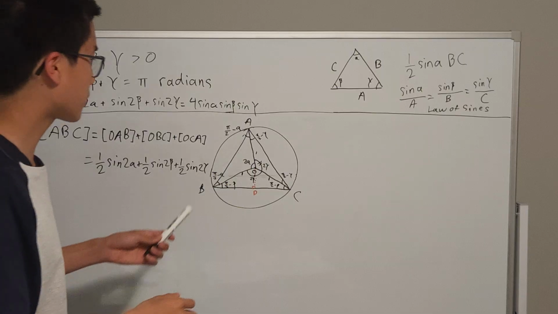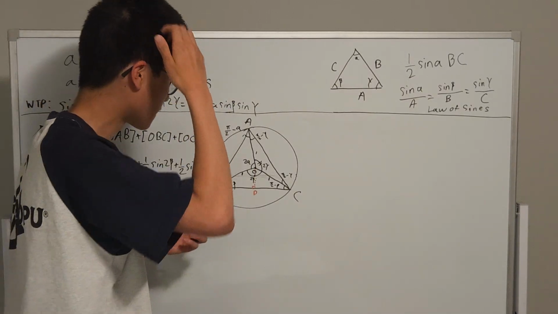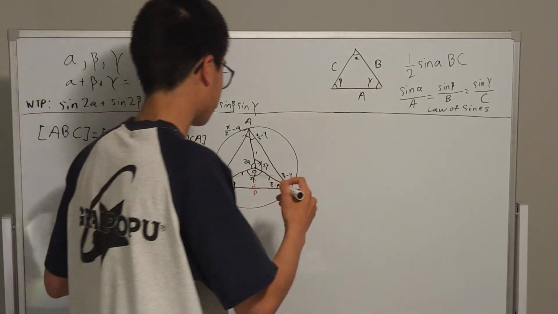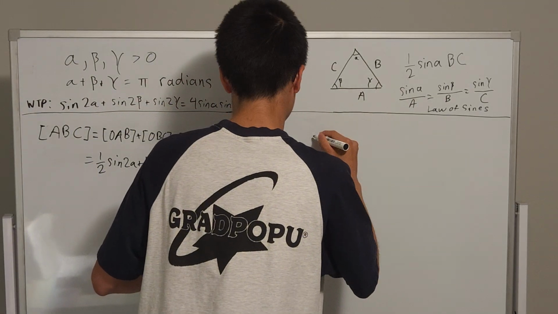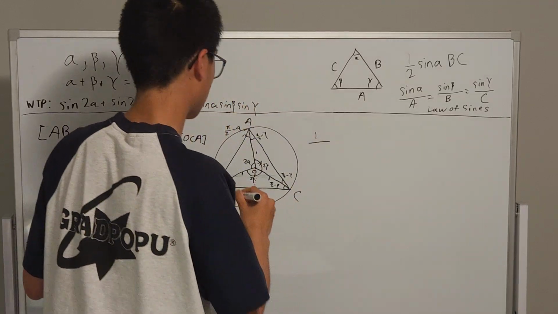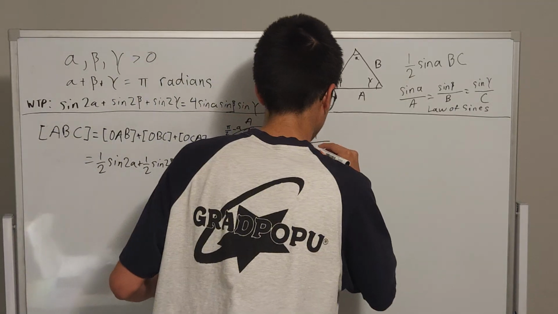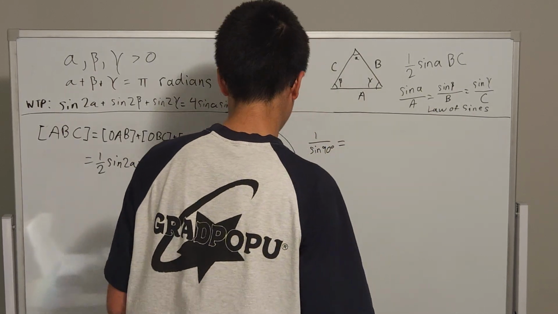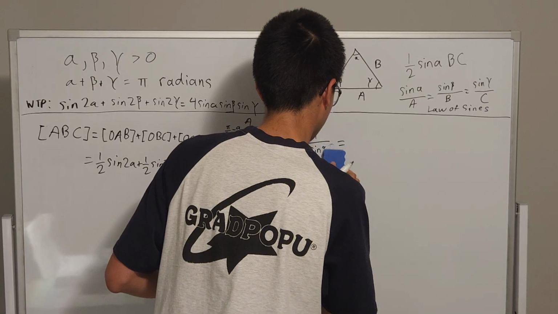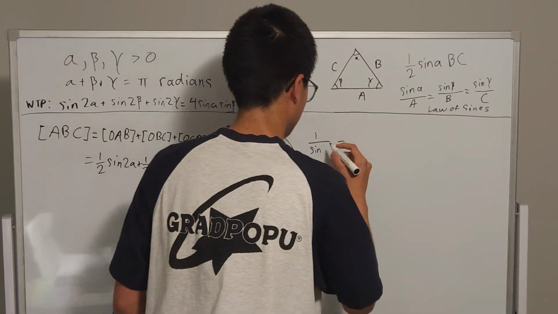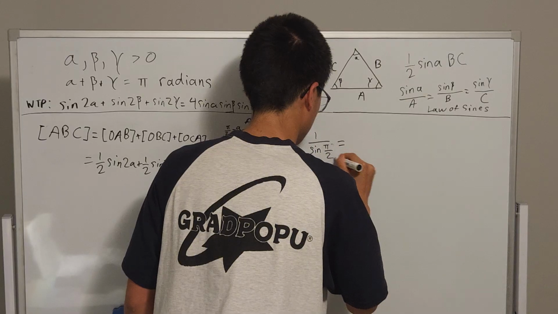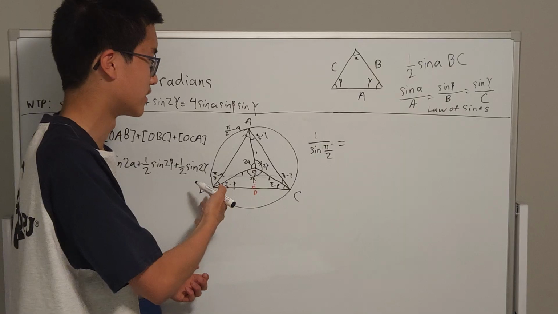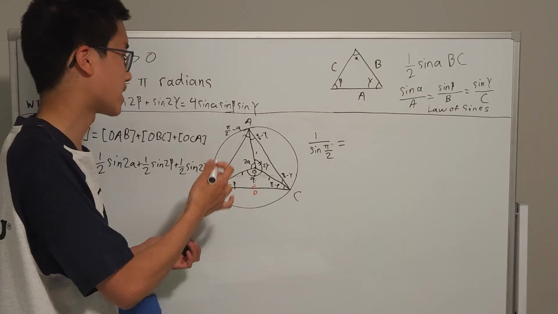Okay. So how do we use the law of sines right here? So we have this OB, so 1 over sine 90 degrees. Actually, no, sine pi over 2, equals, so we want information about the side length of triangle ABC, so therefore we're finding BD.